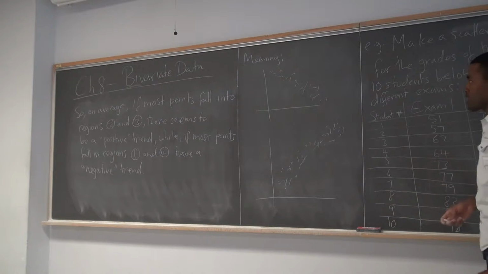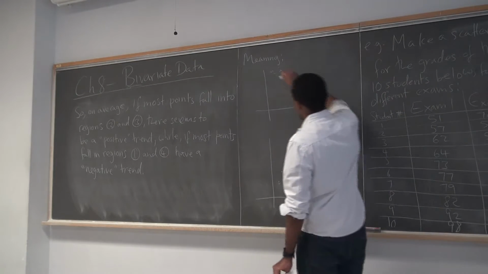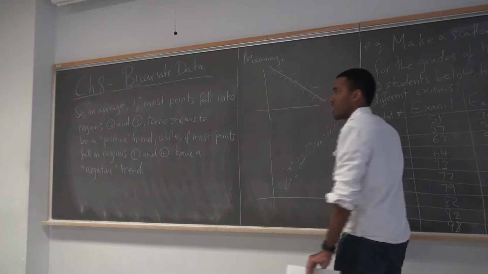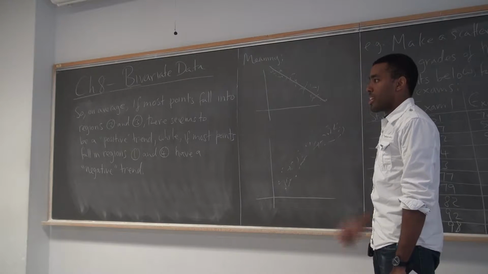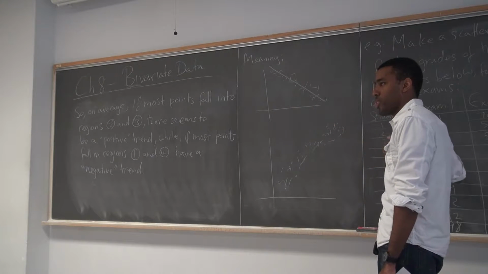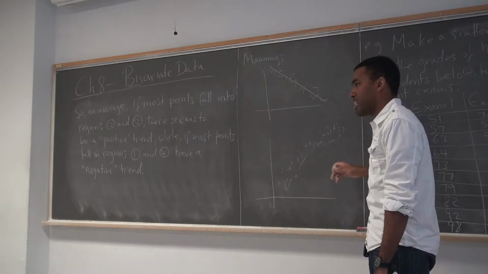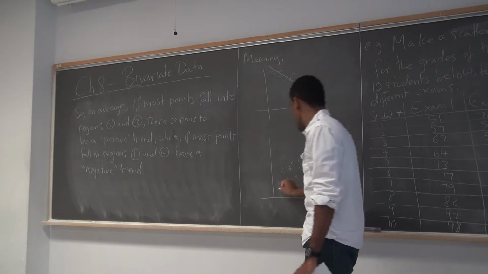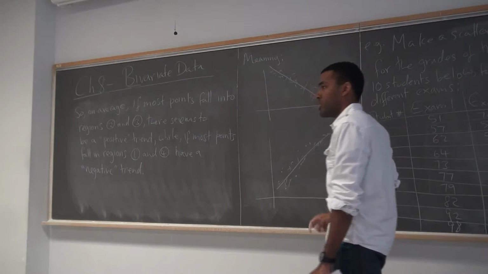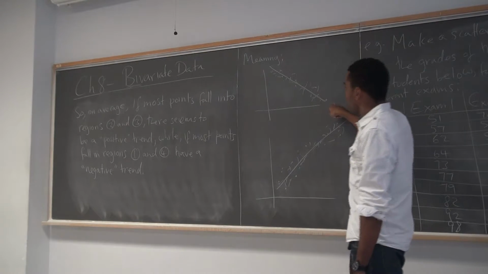Now, if you wanted to see how on average the points are behaving, what you can do is draw a line. Try to connect a path that all these points are following. So you can draw a line that stays close to all the points at the same time, on average. And what do you notice about this one?